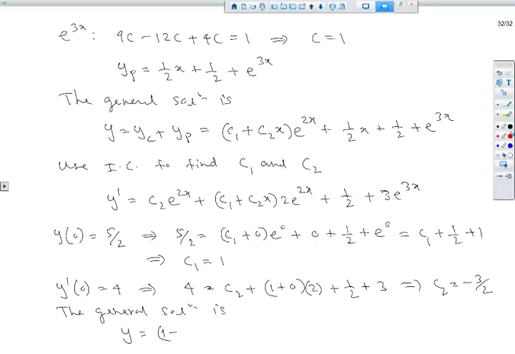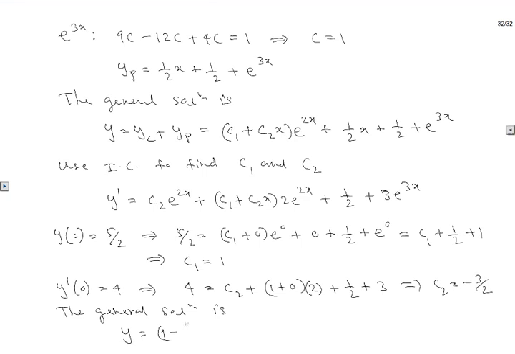So you're going to get 1 minus 3/2 x e to the 2x plus 1/2 x plus 1/2 plus e to the 3x. So that's a solution to the initial value problem. Okay, it's not the general solution, that's just a solution to the initial value problem, the IVP. Good.